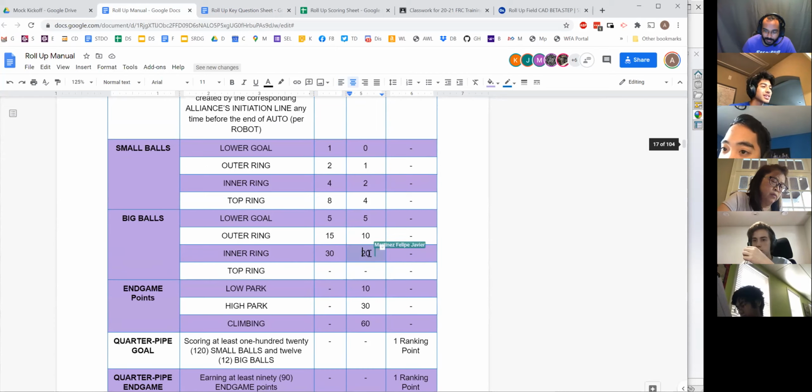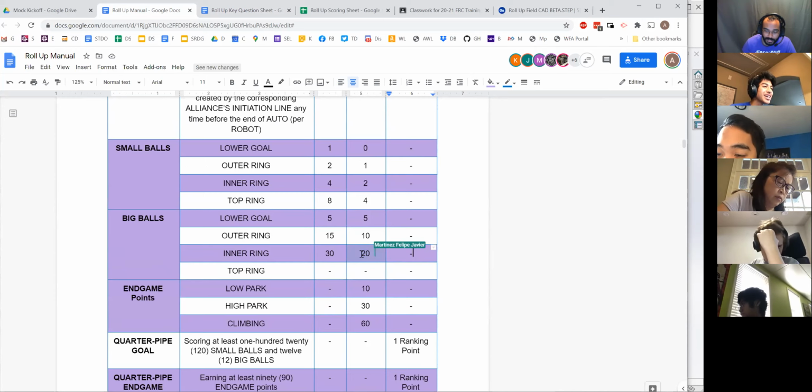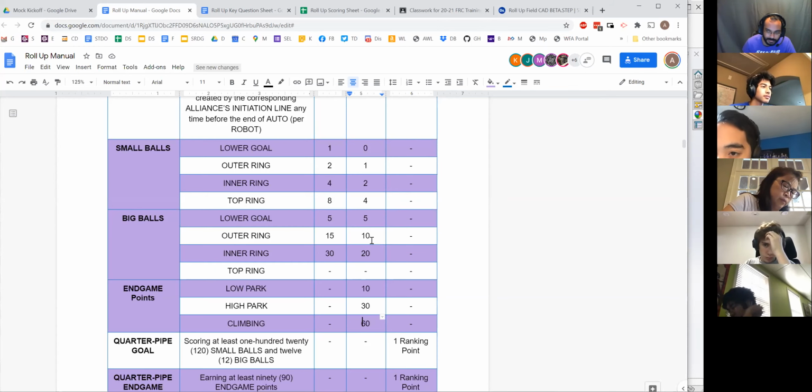You're right. But it's also kind of hard to get. At a minimum it's a cycle and a half. You assume 2 cycles, it's 4 balls if you get 2 outer and 2 inner, right? So if you're hitting a 50% inner ring clip with your big balls, you have to do 2 whole cycles to get the amount of climbing points.